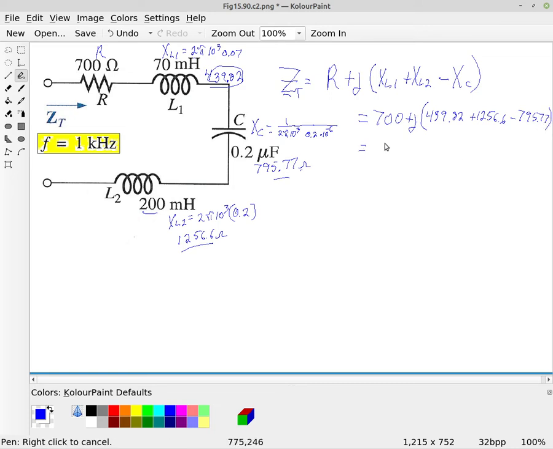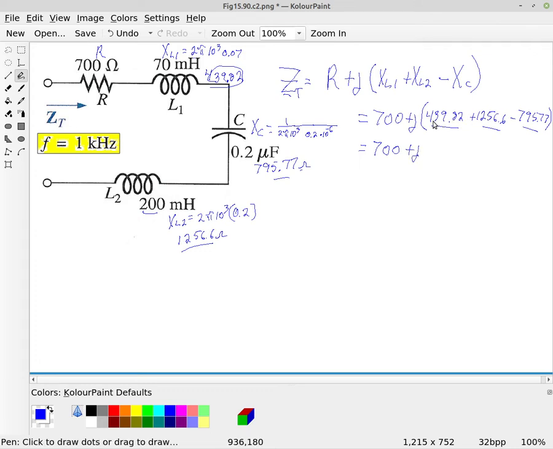Notice here I'm keeping 5 significant digits for each of these to do the calculation. So we'll get 700 plus j.